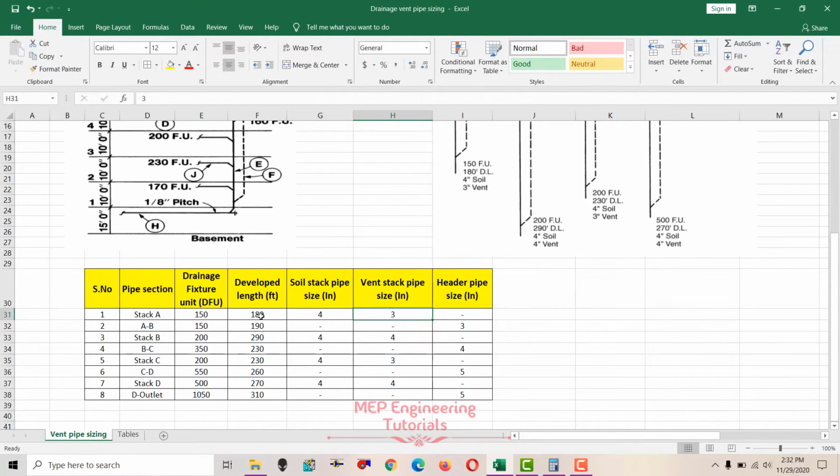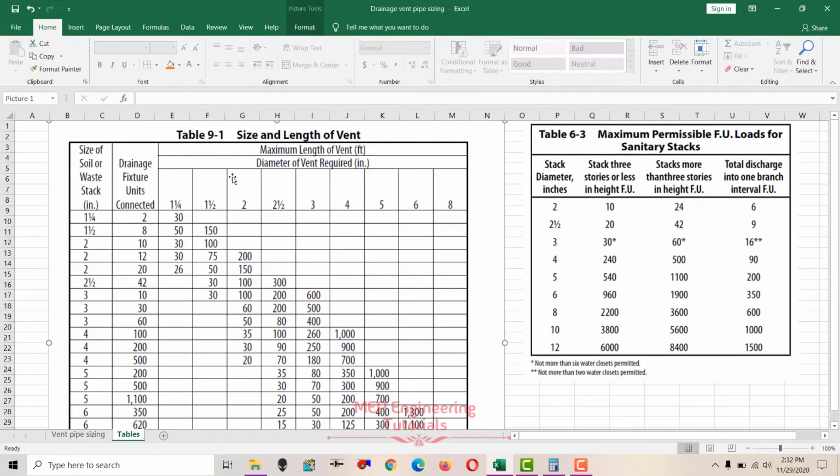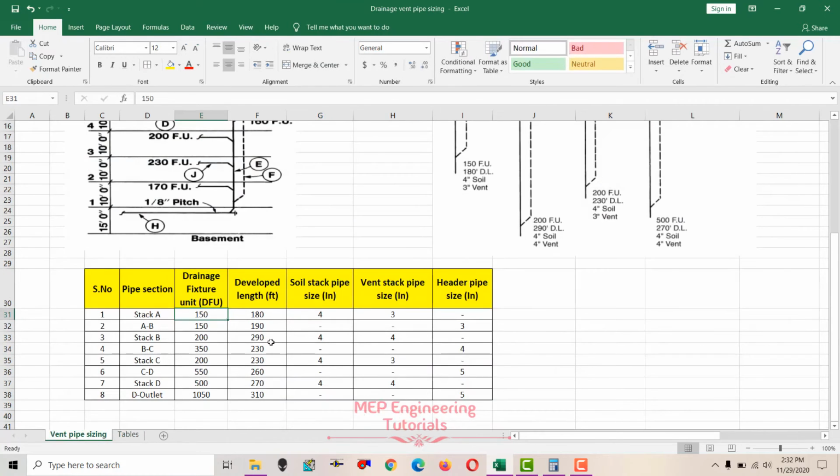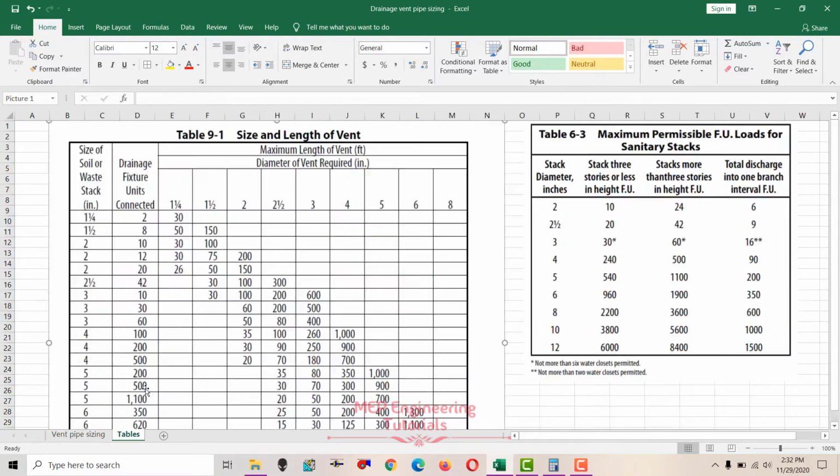We know that developed length is 180 feet, the soil stack pipe size is 4 inches, and the drainage fixture units connected are 150. So we use this table 9-1. 150 fixture units, 180 developed length, 4 inch pipe size. 150 fixture units is between 100 and 200, so we'll go for 200.